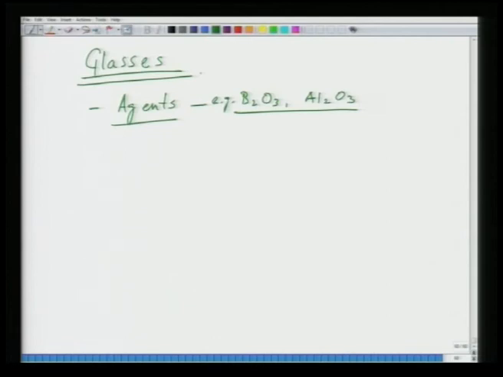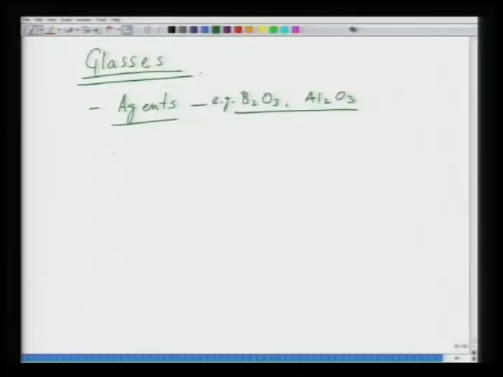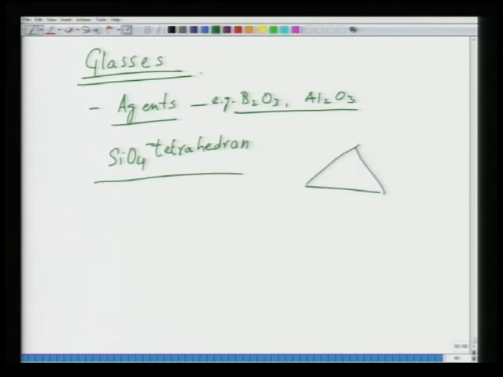And basically what happens here is, normally what you would have is SiO4 tetrahedra. Within these SiO4 tetrahedra, in between you have silicon ion, and this is O. When you put these ions, notice that these ions do not have similar valence as silicon.